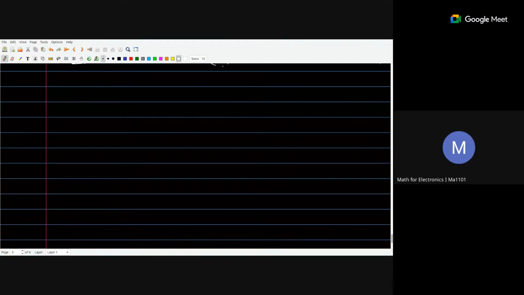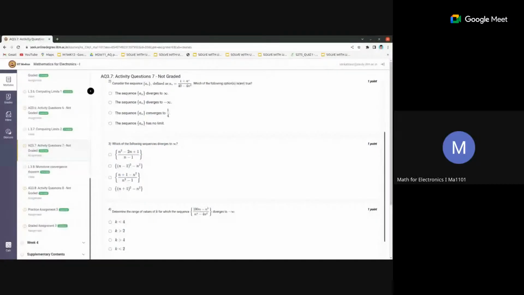I don't share my whole screen because there are some important things, and sometimes I forget to close them. Okay, maybe I will just quickly share the tab which I wanted to share. Yeah. Is my screen visible? This 3.7 screen. Yes, activity question screen, right.